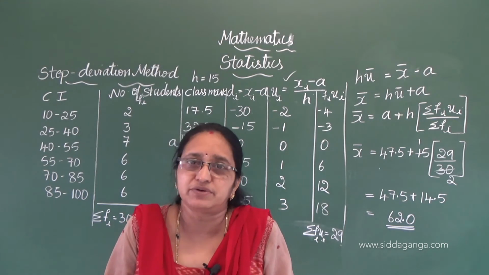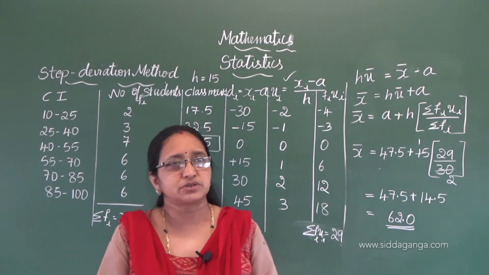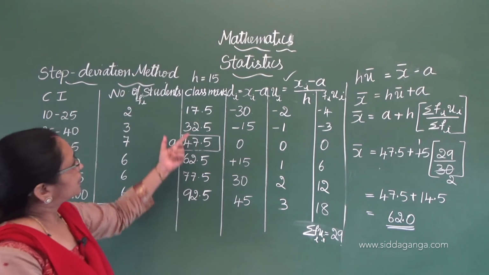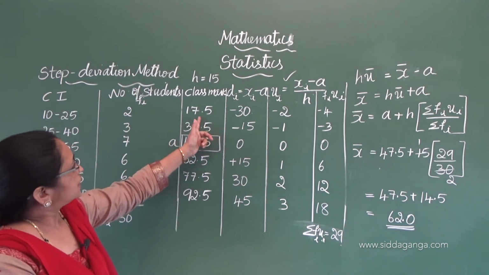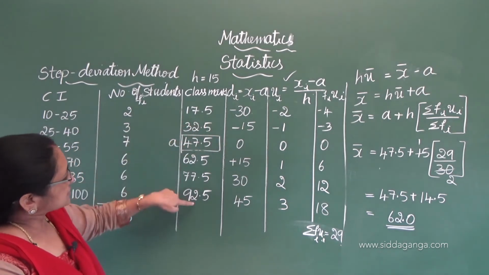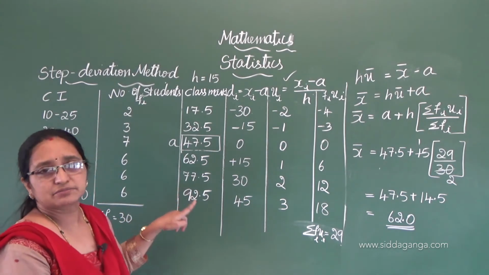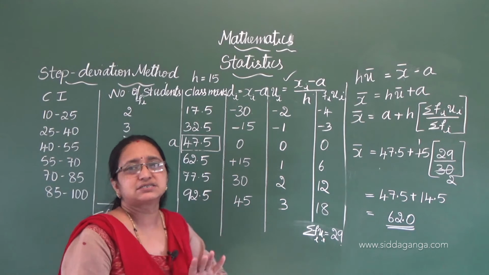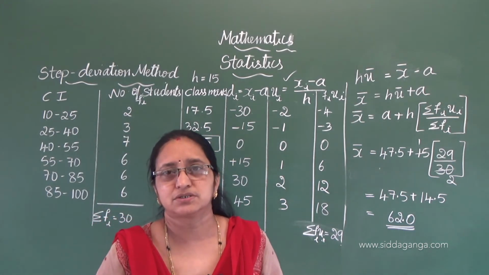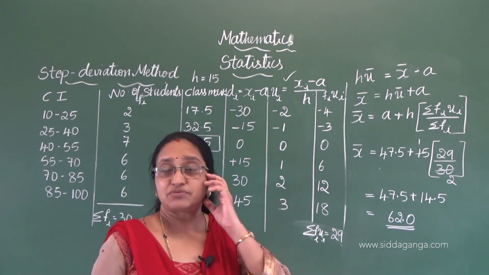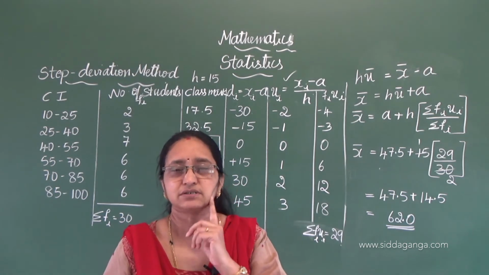If the class mark is quite a bigger number, we cannot do the direct method, or rather we can do it but it is a time consuming method. So because of that, the final one is the step deviation method.